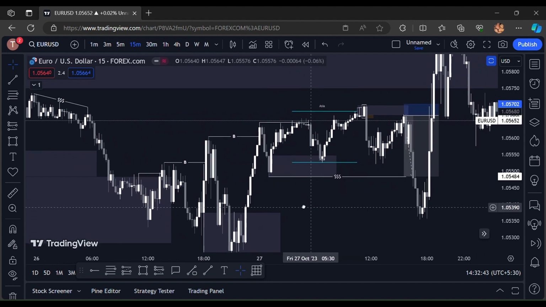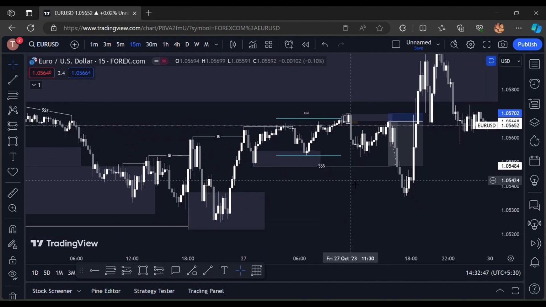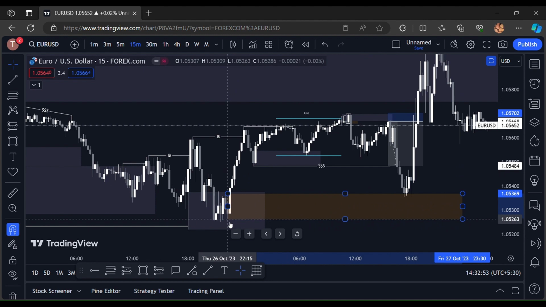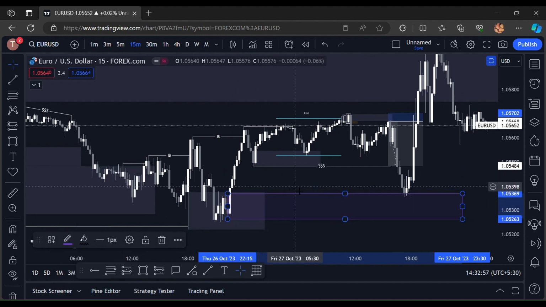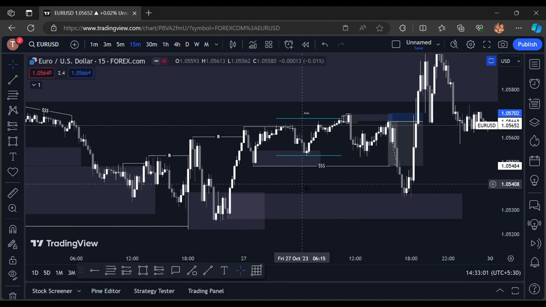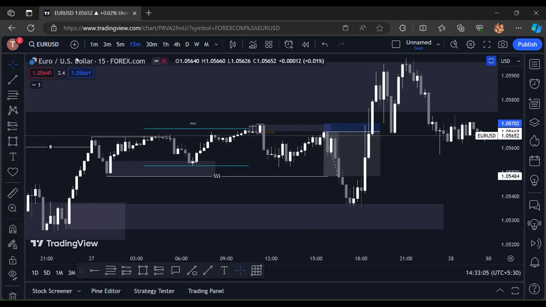So the level which I had been eyeballing was a 15 minutes POI for me in the higher time frame. Oh my god, let's change it into gray. So why only this entry? This entry was not triggered during the whole London session.